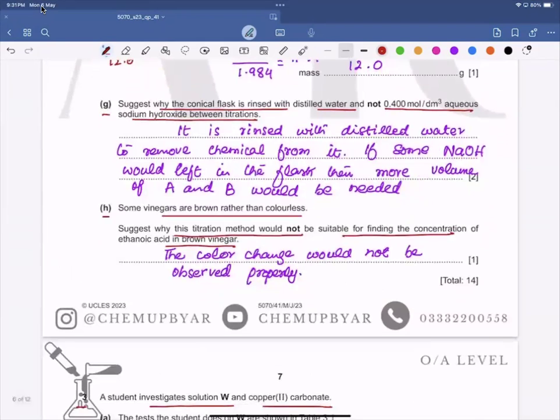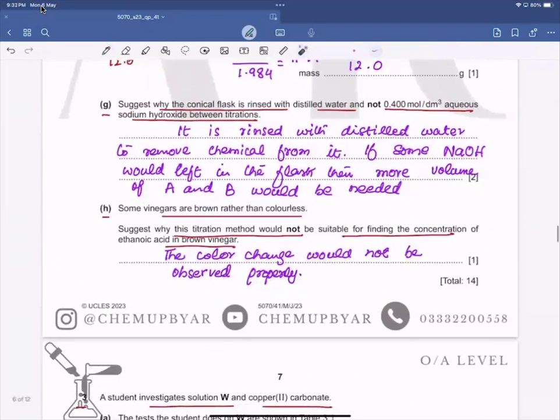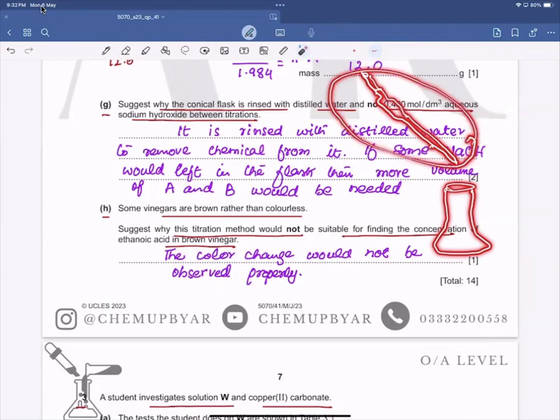See, what we do, we have a conical flask here, right? And we have one pipette. That pipette has a volume capacity of 25 centimeter cube. So we fill that pipette with 25 centimeter cube NaOH and transfer it over here. If you rinsed it with sodium hydroxide, some of the sodium hydroxide must be left over here.